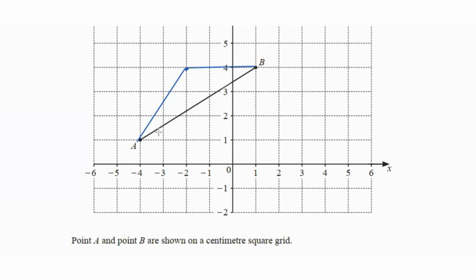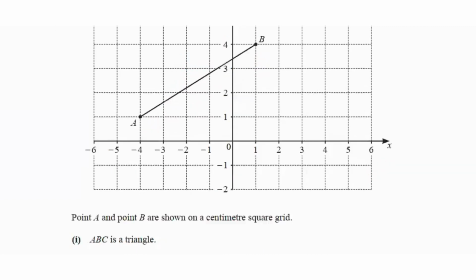If we call this point C, this distance is greater than this, and obviously AB is bigger than both of them. So the first set of coordinates is not possible.